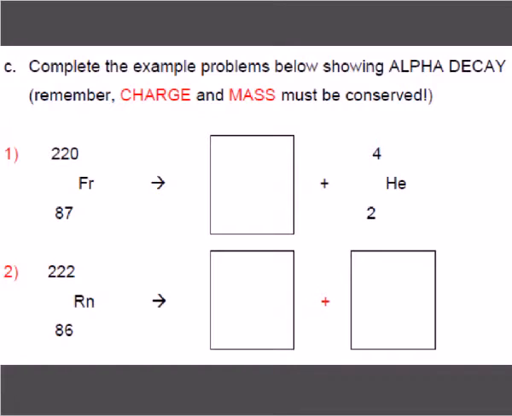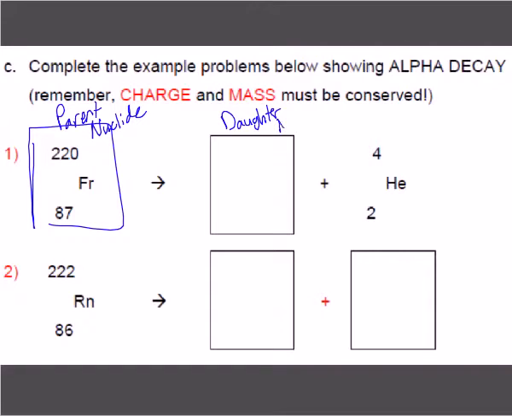With alpha decay, we have what we call the parent nuclide, and it breaks down or decays into the particle that you're giving off, which in this case is an alpha particle, and what's called the daughter nuclide. Those are two terms that you could see.